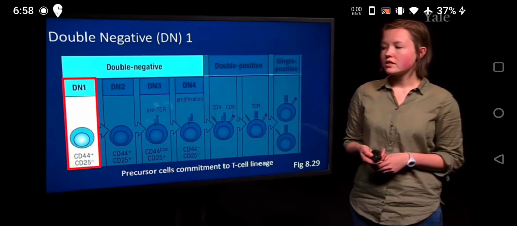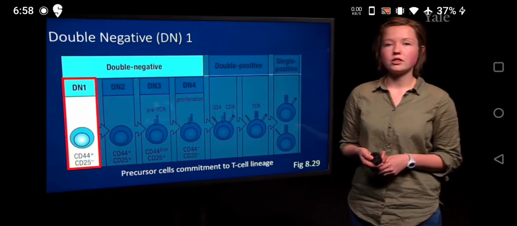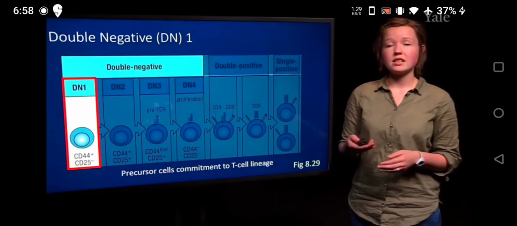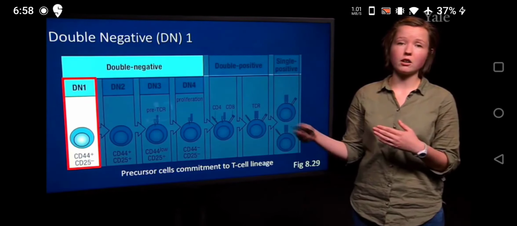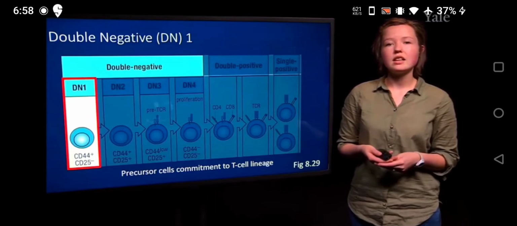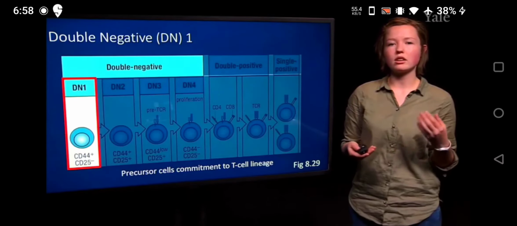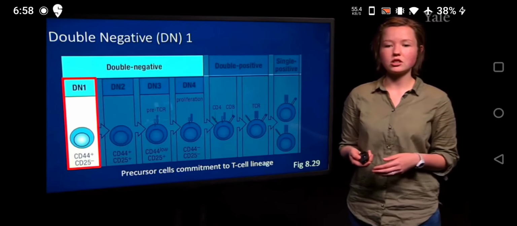Starting with our first double negative stage, referred to as DN1. This is the stage at which the precursor cell has moved from the bone marrow into the thymus, and these particular thymocytes will commit to the T cell lineage.